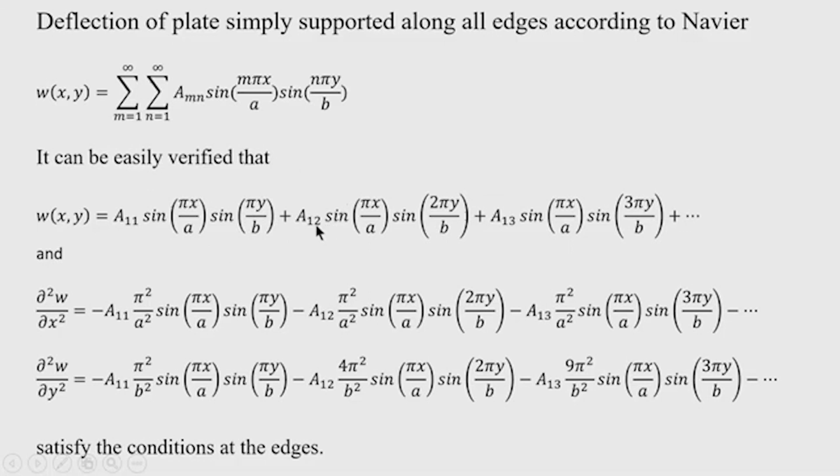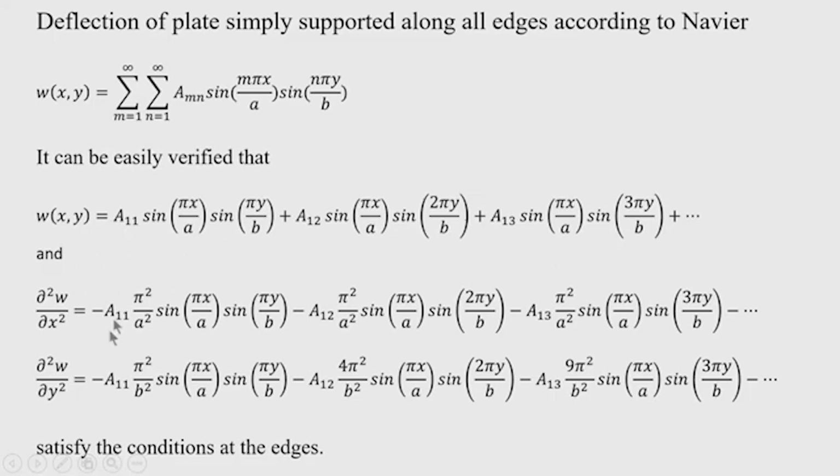Then the second term is m equal to 1, n equal to 2, A_12 sin pi x by a sin 2 pi y by b. Third term, m equal to 1 and n equal to 3, you will get sin pi x by a sin 3 pi y by b and so on. So, you will get an infinite series.